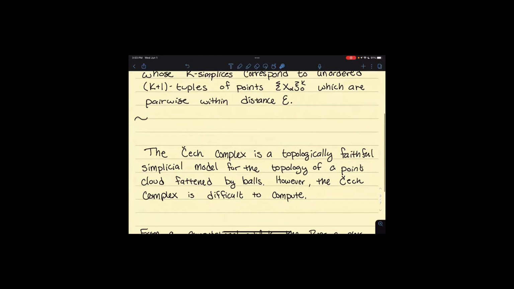So the Čech complex is a topologically faithful simplicial model for the topology of a point cloud fattened by balls. However, the Čech complex is difficult to compute because you have to be very precise with the epsilon and which points are in or out of the closure of it and how many of them are shared.